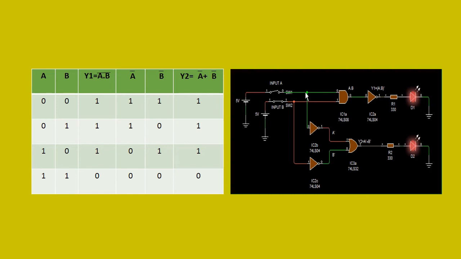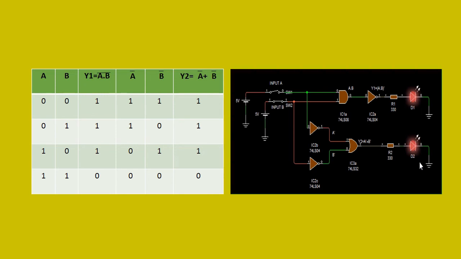Next, 0 is coming from this A input, so here we get 1 output. 1 is coming from the B input, so here we get 0 output. So 1 and 0 is input to the OR gate terminal, so here we get 1 output, and D2 will be in glowing condition or on condition. So the second row of the truth table has been verified.